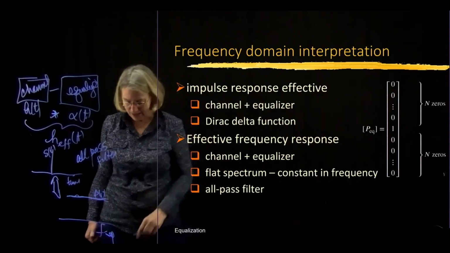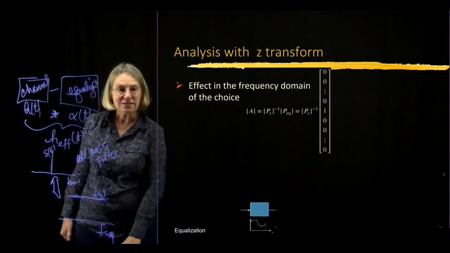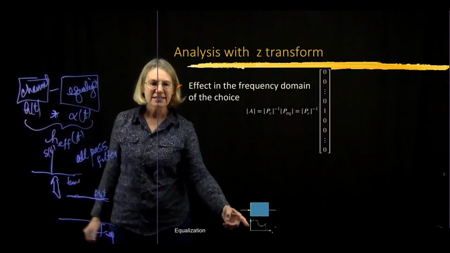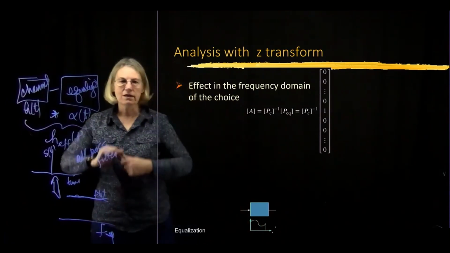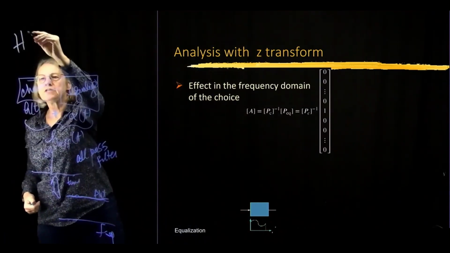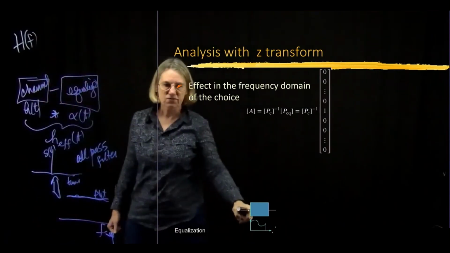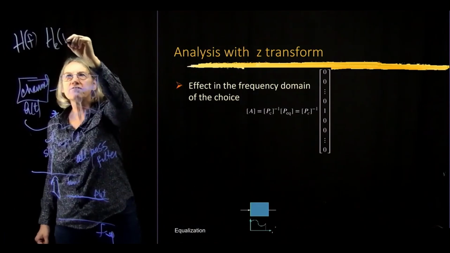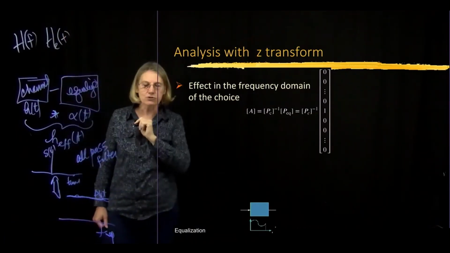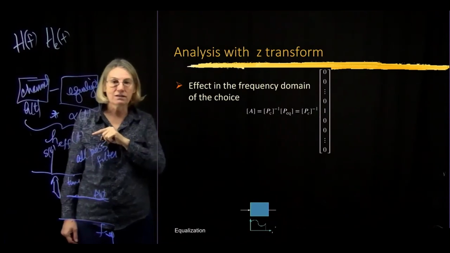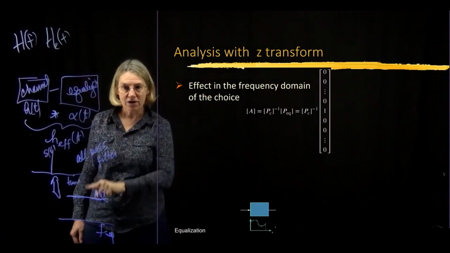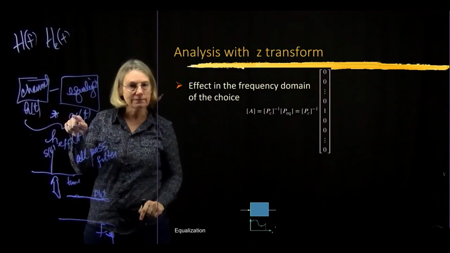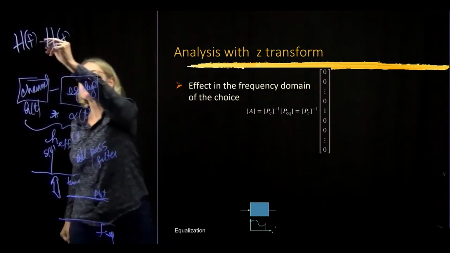So what happens in the frequency domain? I have my channel, this h of t here, and it's getting some form in the frequency domain. So I have some channel, which is h of f. That's this form here. Now, I'm looking for an equalizer that I'm going to put after that. And what do I want that equalizer to do? Well, when it's all done, after I have one followed by the other, I want something that's flat. Now, in the time domain, I do convolution, but in the frequency domain, I do multiplication.